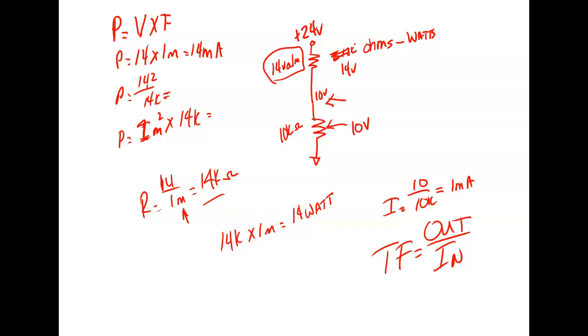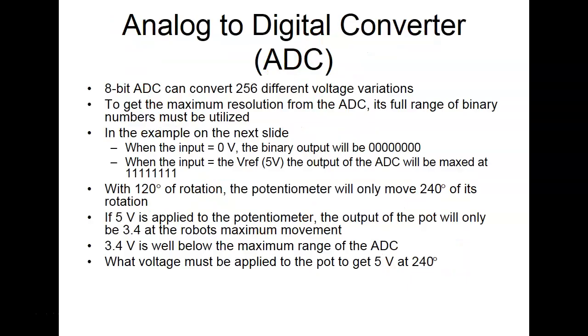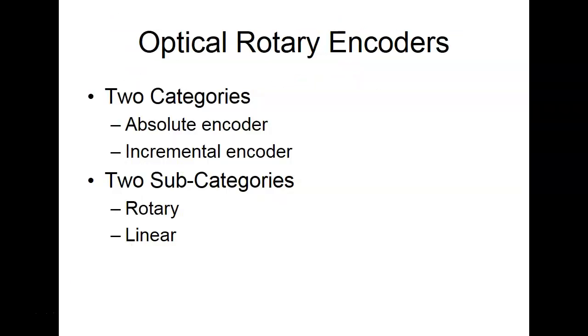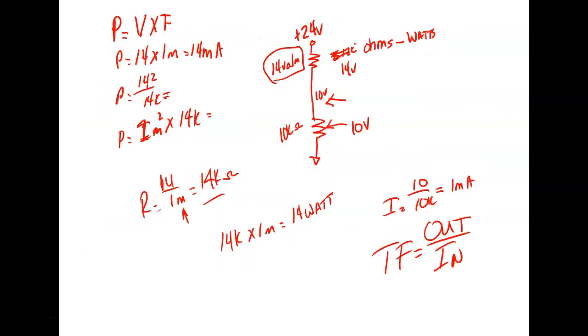So transfer function is equal to out over in. What you get out divided by what you put in, right? And so potentiometers, everybody okay with potentiometers? There's a lot more to it than you did in DC, right?